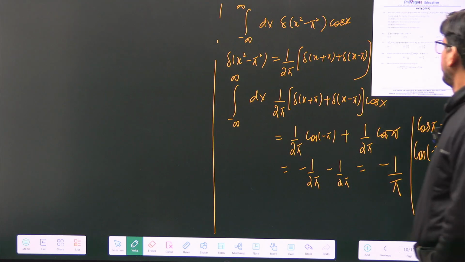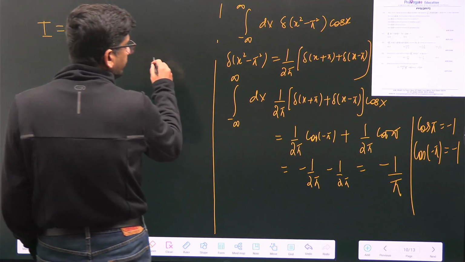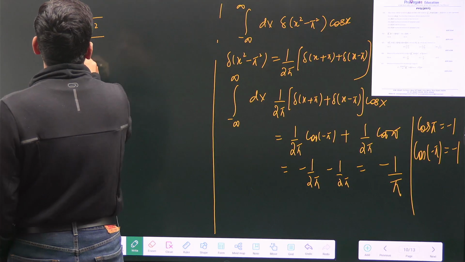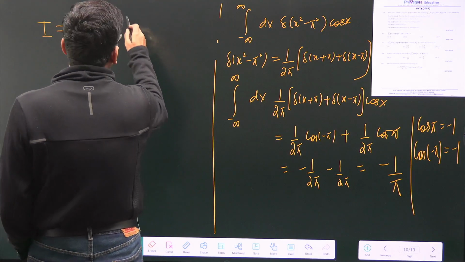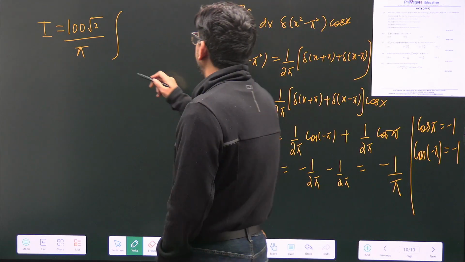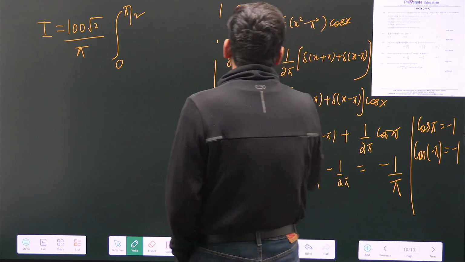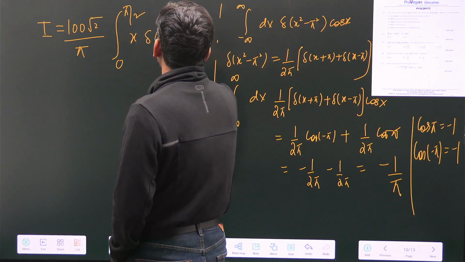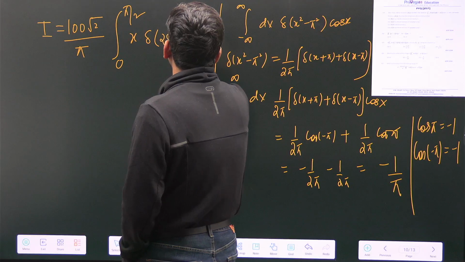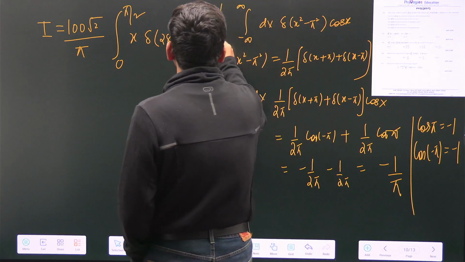Next is I is equal to 100 root 2 by pi, integral 0 to pi by 2, x times delta function of 2 sin x minus under root 2, dx.